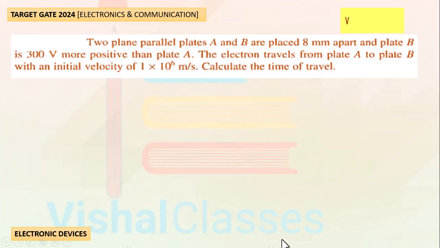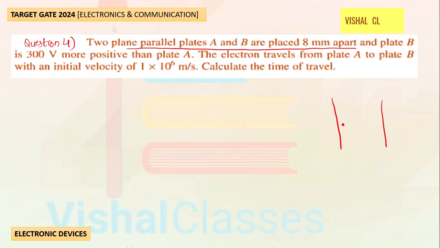Next question. Question number 4. Two large parallel plates A and B are placed 8 mm apart. The two plates form a parallel plate capacitor, 8 mm apart.